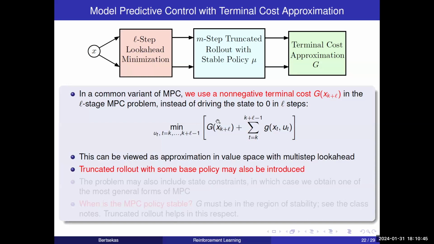And this gives you a more general architecture, which is exactly the same as the AlphaZero and TD-Gammon architecture. The circumstances are different: these are applied to control theory problems, whereas AlphaZero and TD-Gammon are applied to games, but the architecture is the same. And the ideas of approximation in value space and rollout are also the same.